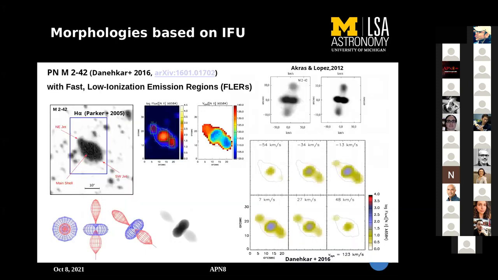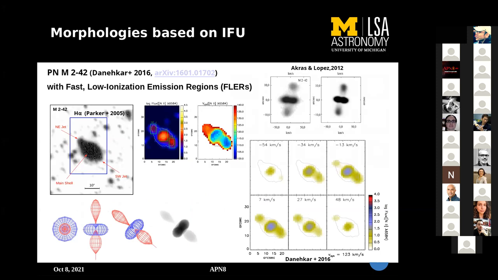The other object which I studied was M2-42, which I did in collaboration with Quentin Parker and Wolfgang Steffen, and we studied this object using IFU. Previously, this object was studied using long-slit observations in 2012, and they found there is also a jet.